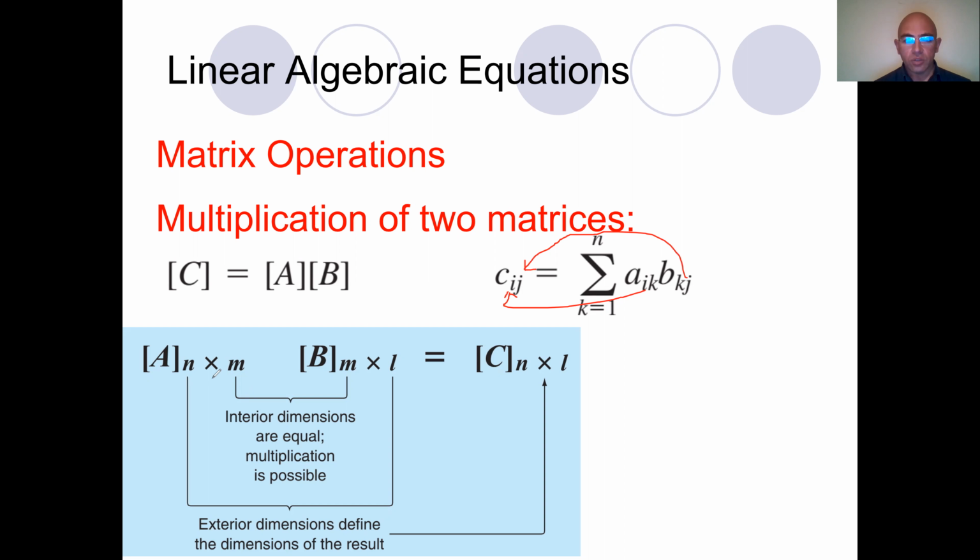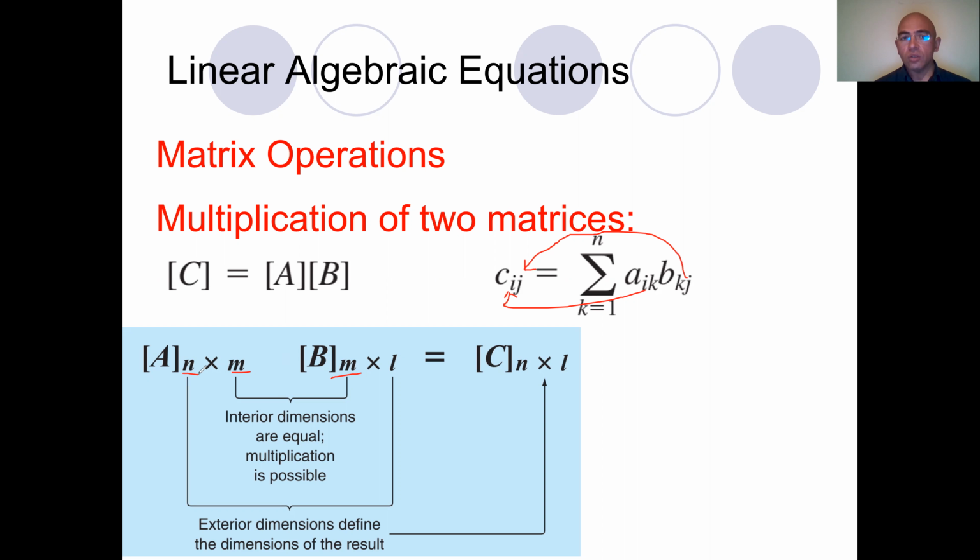In other words, A is a matrix and B is a matrix. In order to multiply these two matrices, the number of columns in the first has to be equal to the number of rows in the second matrix.